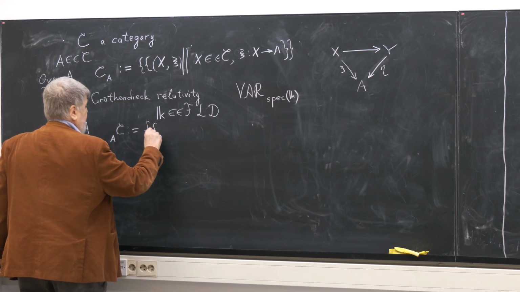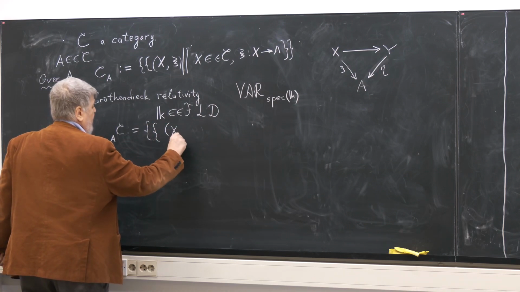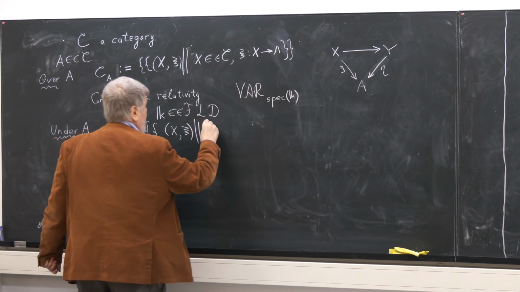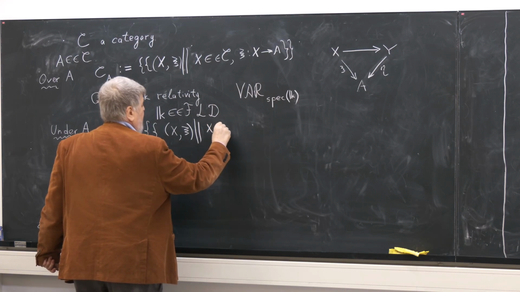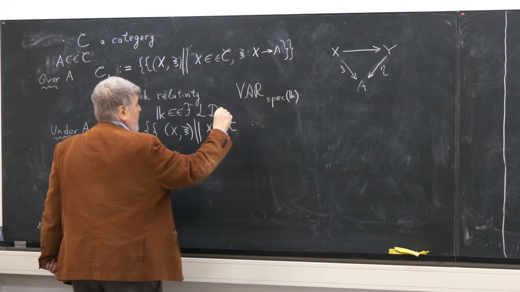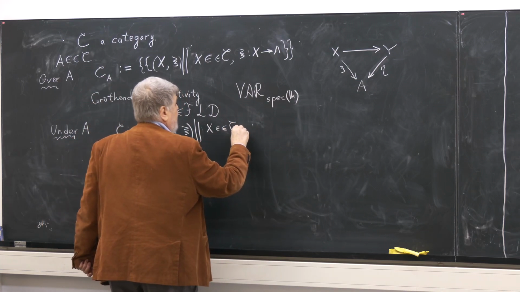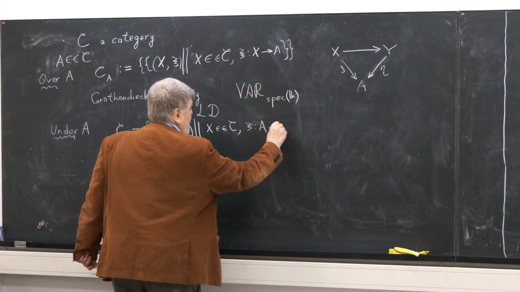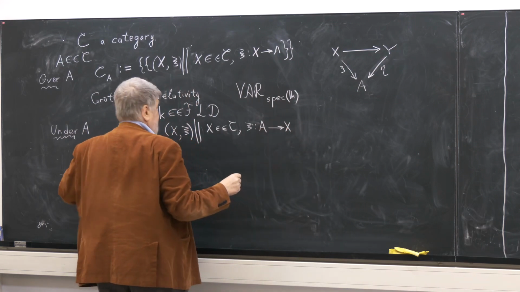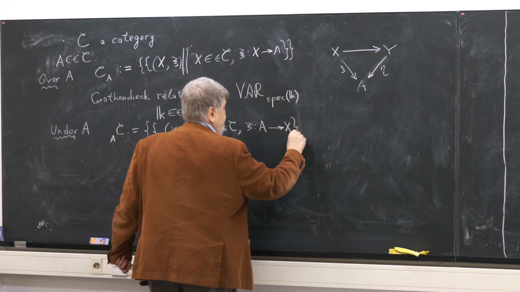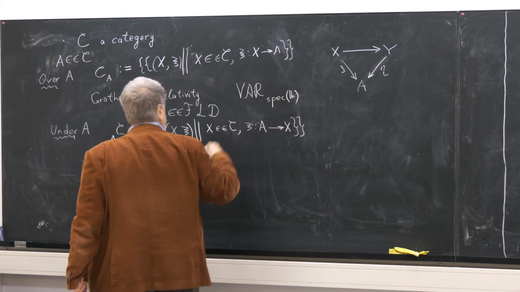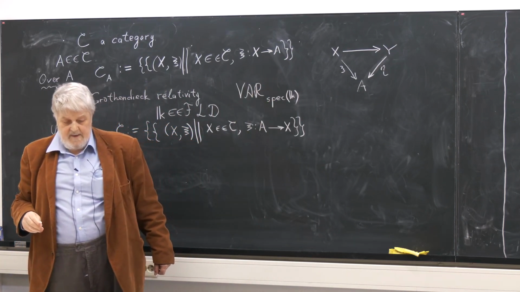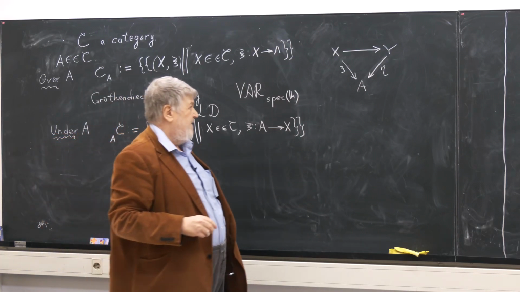So this is again the set of pairs X and Xi, where X is an arbitrary object of the category, but Xi, on the contrary, is a morphism from a fixed object to X, of course with the same condition and the arrows reversed.